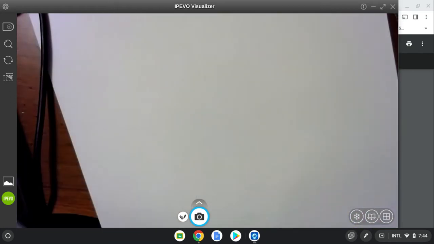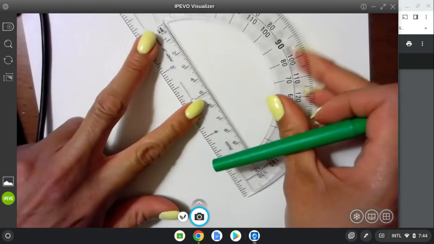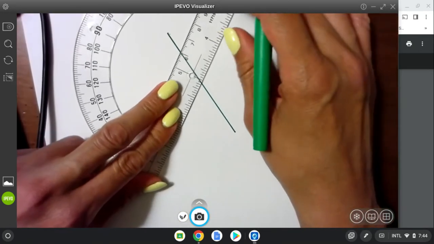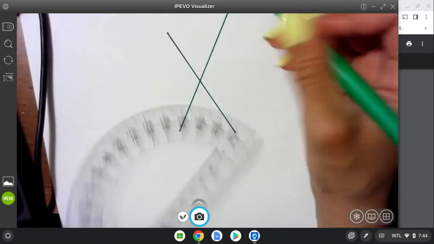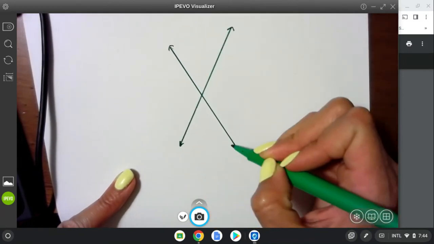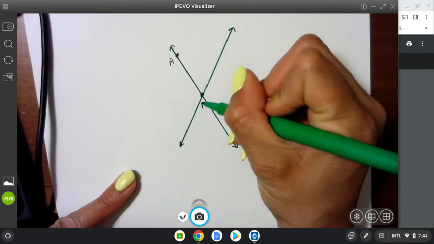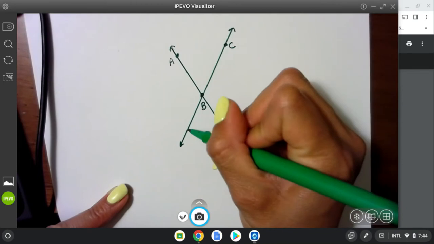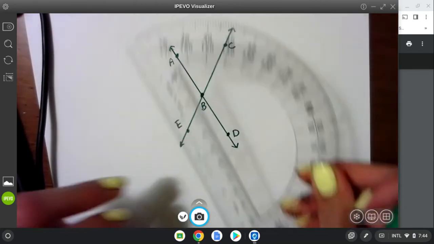So I'm going to try another set of angles. This time I'm going to label them first. So A, B, C, CBD, and CBE, EBD.